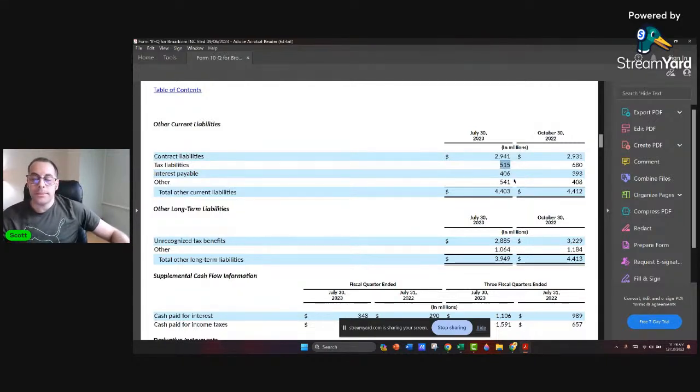Interest payable. So if they have debt, they have to pay the interest to the debt holders. If somebody bought a bond from this company, they may pay quarterly interest. And this is the interest that's due within the next 12 months. So it might be $100 each quarter for the next 4 quarters.